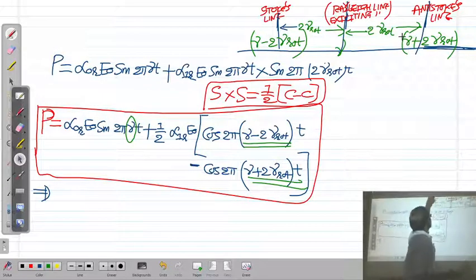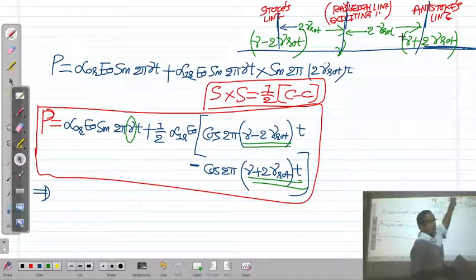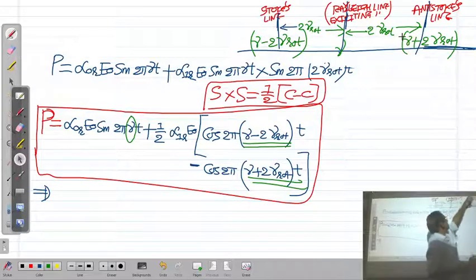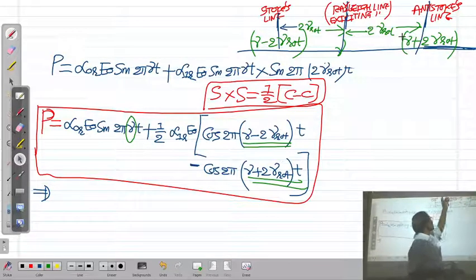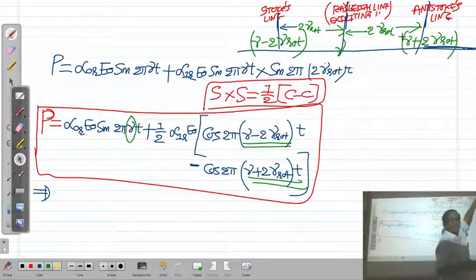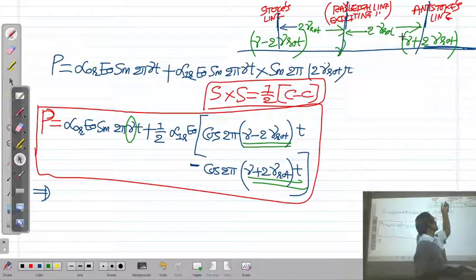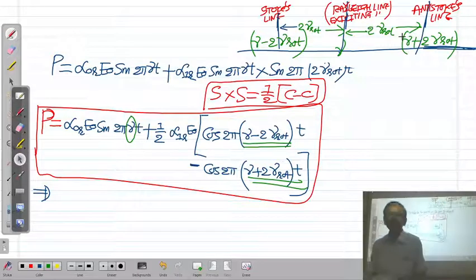The frequency of the Stokes rotational line is nu minus 2 nu rho, which is less than the frequency of the Rayleigh line, and the frequency of the anti-Stokes line is nu plus 2 nu rho. So both the lines, Stokes rotational line and anti-Stokes rotational line, are obtained at distances 2 nu rho on either side of the Rayleigh line.